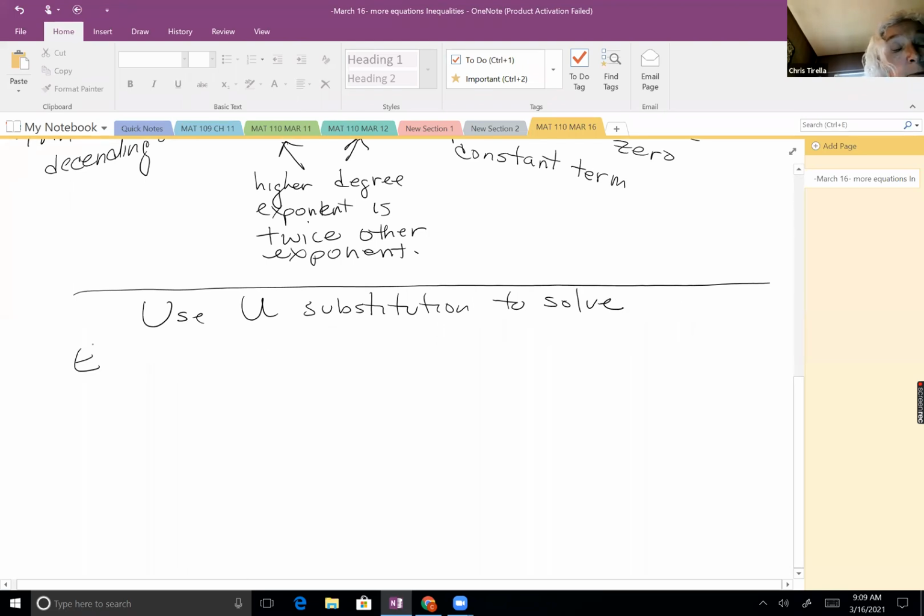So let's start with a pretty basic example. Let's start with something like 4x to the 4th is equal to 13x squared minus 9. First thing we want to do is make one side 0.